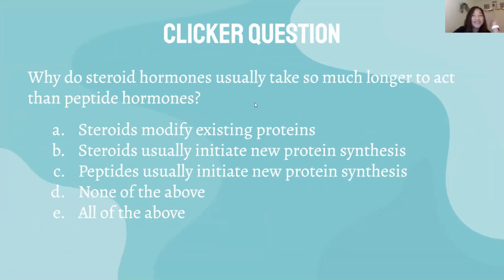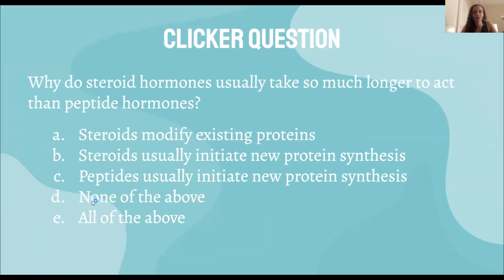Awesome. I just have one more thing to add on the steroid argument. If you think about it, they would have to cross the nuclear membrane, because if you remember the comparison between peptide and steroid hormones, steroid hormones are the ones that are going to enact change at the genetic level.